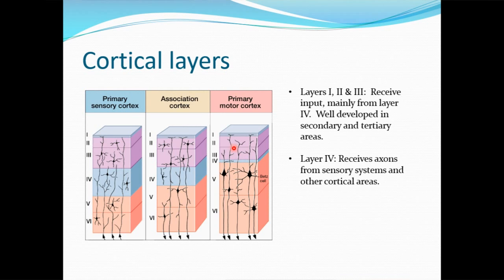Now you can see here in the primary motor cortex, layer 4 is very thin because it doesn't receive many axons from sensory systems and other cortical areas, whereas the primary sensory area receives a lot, and the association cortex also, although less. And then layers 5 and 6 send axons to other brain areas. So your primary motor cortex is sending axons out, and you can understand why layers 5 and 6 are so thick. We're going to come back to this again in a little while.